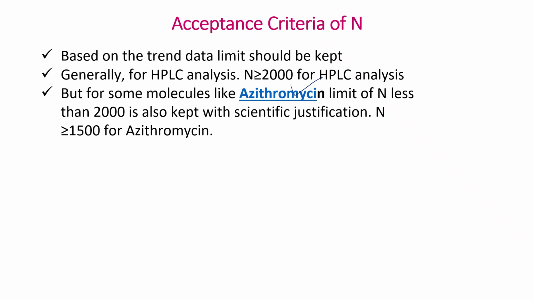But for some of the molecules like azithromycin and clarithromycin, we are not getting high theoretical plate even after changing the chromatography conditions. In that case, a lower theoretical plate can also be kept.